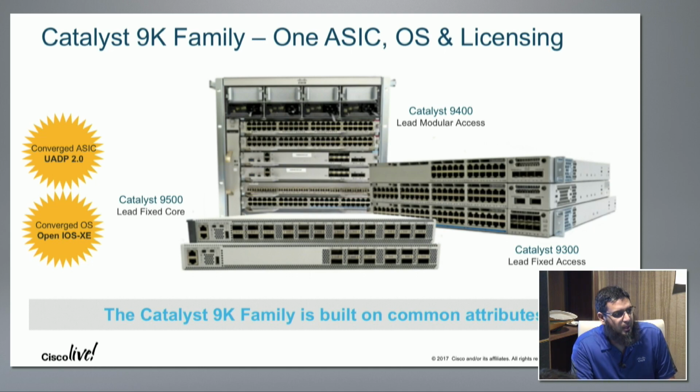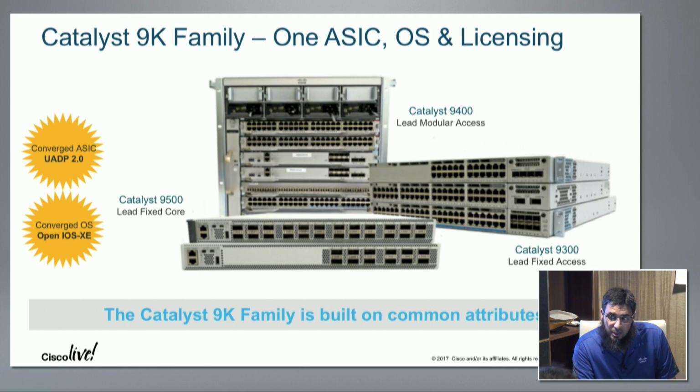Now, the Catalyst 9K family consists of 3 members. The Catalyst 9300, which is our lead stackable access switches. The Catalyst 9400, which is our lead modular access switches. And the Catalyst 9500, which is our lead aggregation / core fixed boxes.